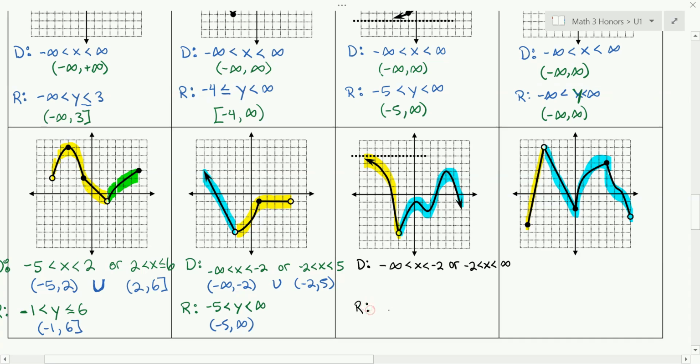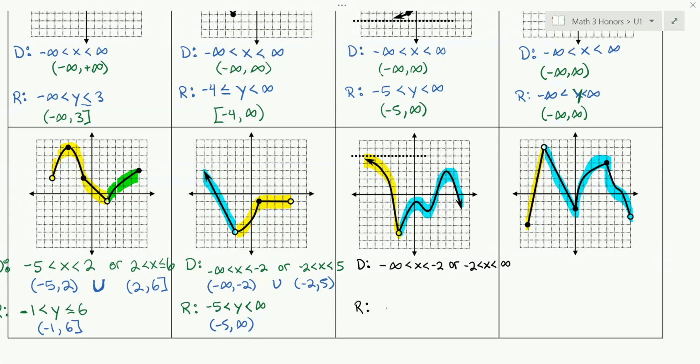For the range, you decide. Be careful. So what's the lowest this goes for the range? -infinity.